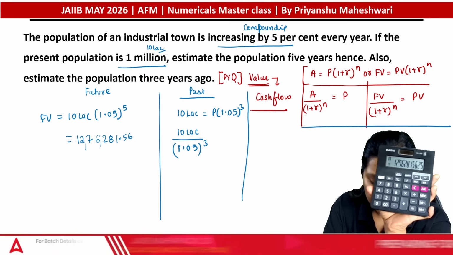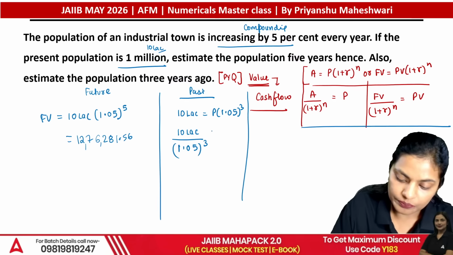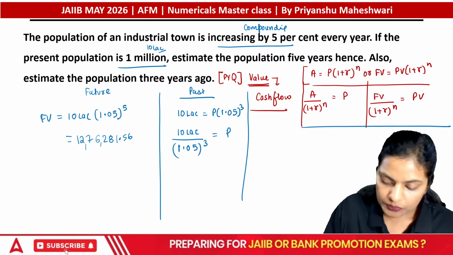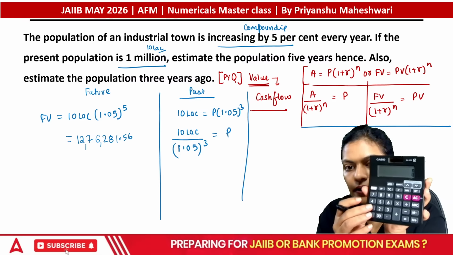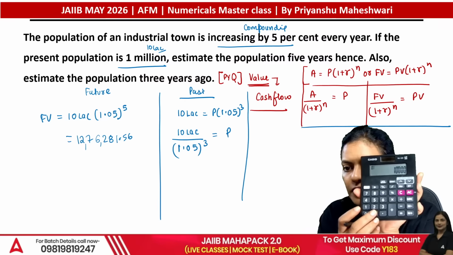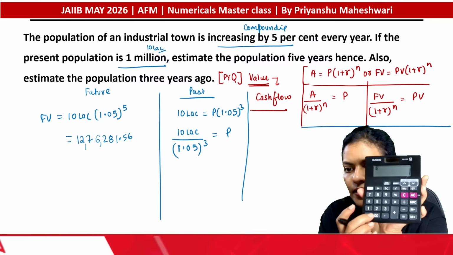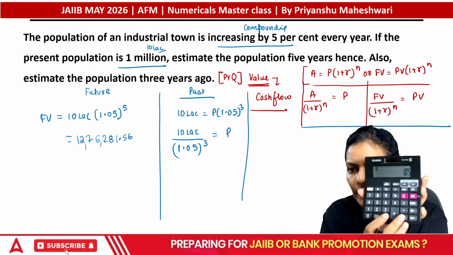127,628.156. Okay, then in the next one, 10 lakh. Now, because we are doing division, it is always equal. 1.05. You can also calculate the power and divide it.